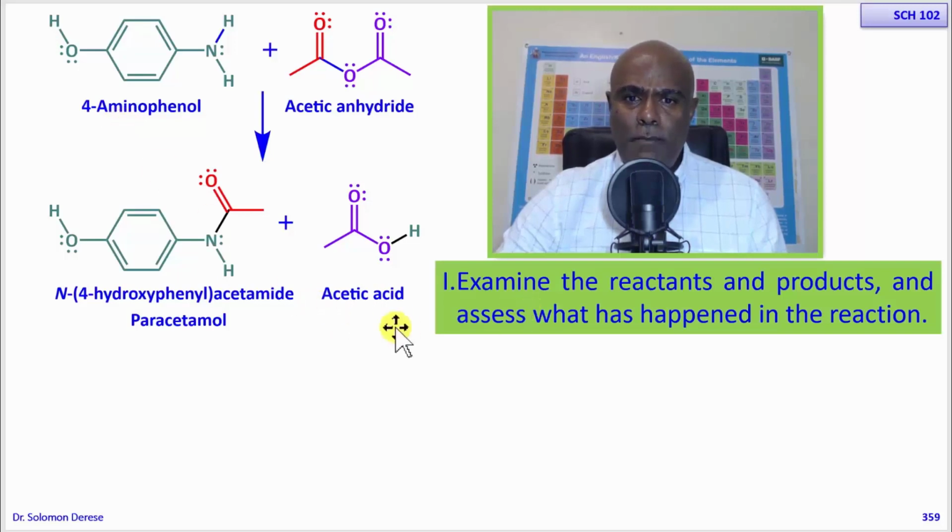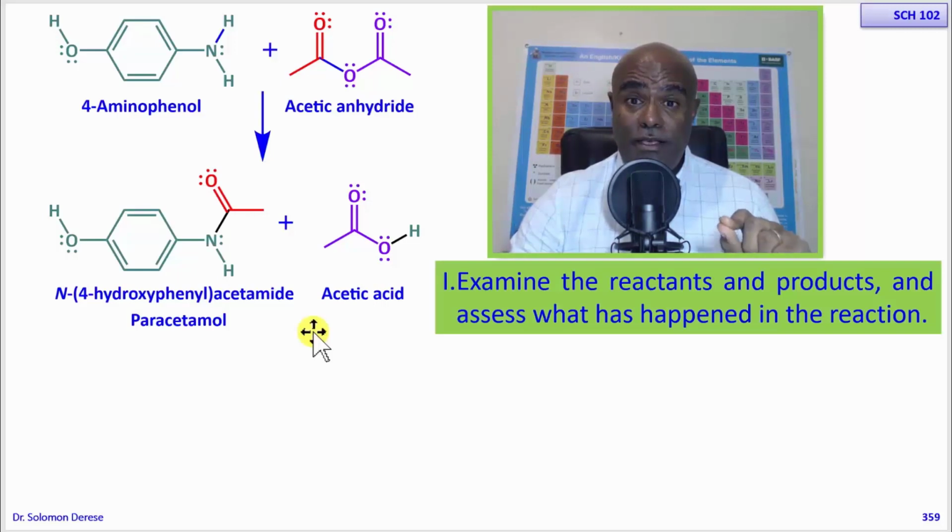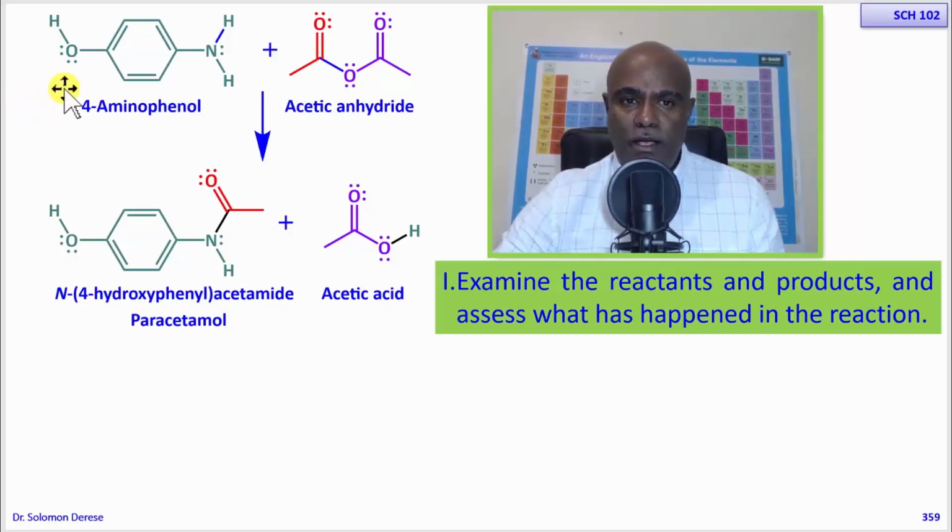So when you examine the reaction, the whole purpose is to see what happens to the reactants as the products are formed. You can use whatever code so that you can locate the reactants in the products. In this case, I used green as the color code for 4-aminophenol.